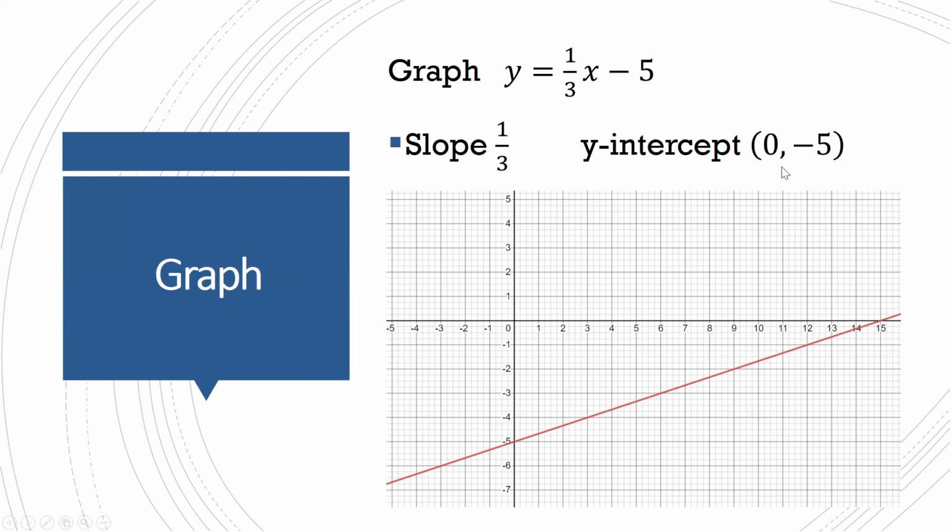So if I were to graph that line, I would start with the y-intercept of (0, -5). And since the slope is 1/3, that's change in y over change in x. So change in y of 1 means go up 1, and change in x of 3 means go over 3. So I start at (0, -5), and then I go up 1 over 3, up 1 over 3.